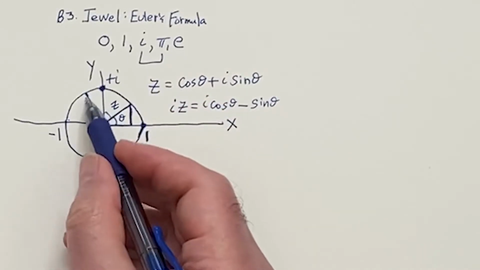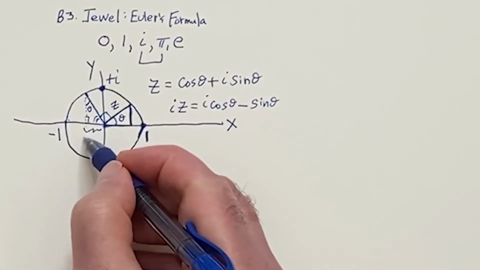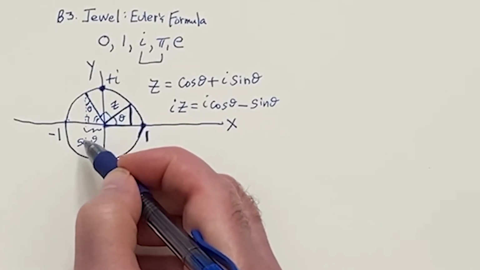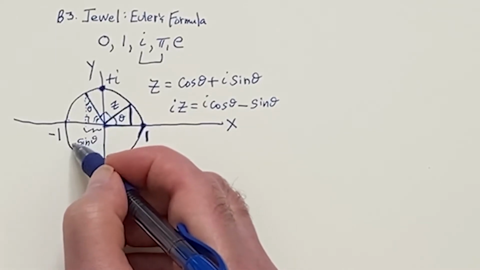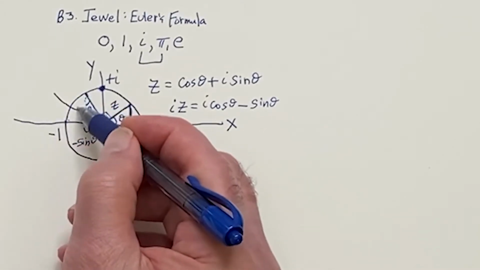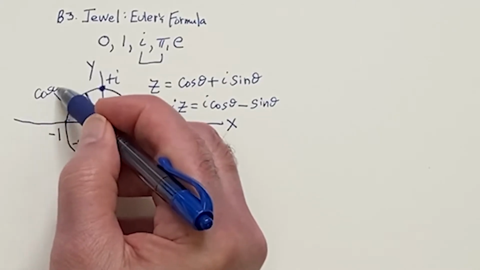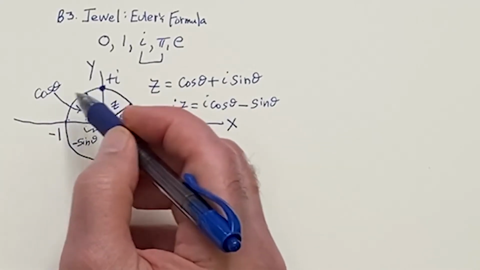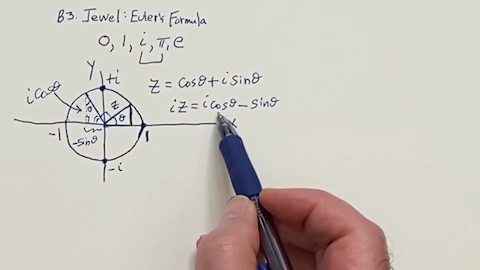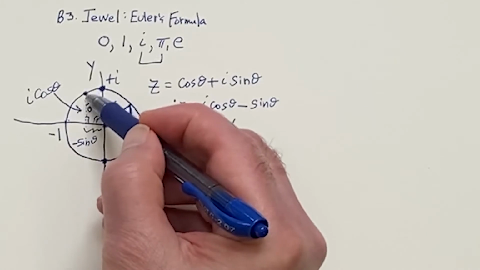And if that's a theta, then this here is going to be sine of theta, and that's going to have a negative sign because it's in the negative direction. And then this height here would be cosine of theta, but since that's along the vertical, that's the i cosine theta. So i cosine theta minus sine theta is indeed that point there.